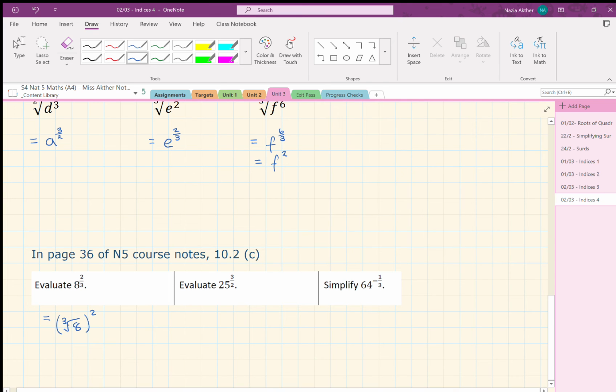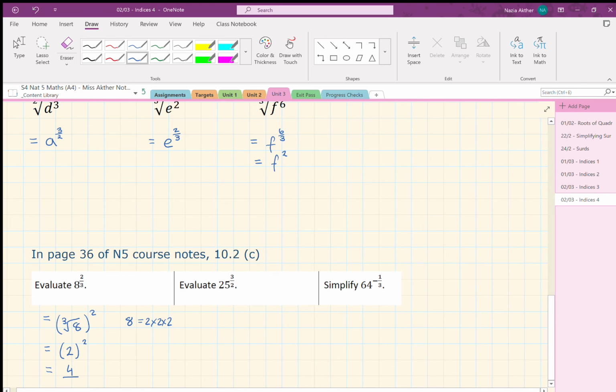I know that the cube root of 8 is 2 because 8 is given by 2 times 2 times 2. Then I've got 2 squared, and 2 squared is 2 times 2, so the answer is 4.